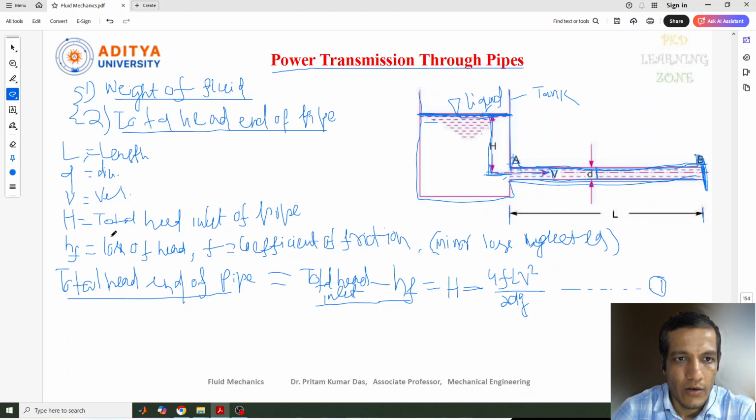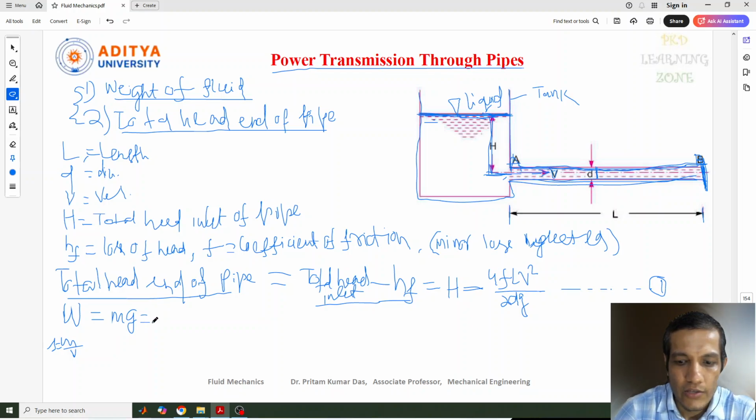Now the second point, weight of the fluid. Weight of the fluid W is the weight of the fluid flowing per second. We can write W equal to mg, and the mass term we can write in terms of rho and v, because we know that rho equals mass by volume, so m equals rho into v.